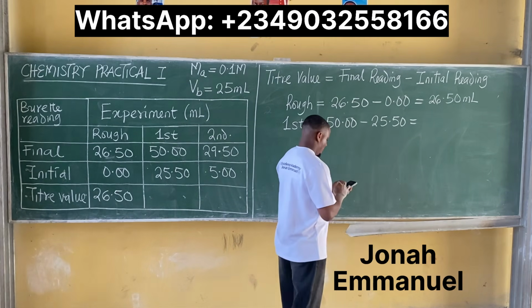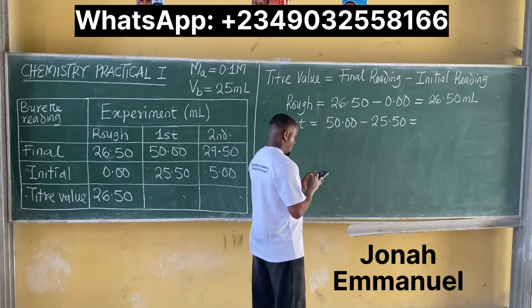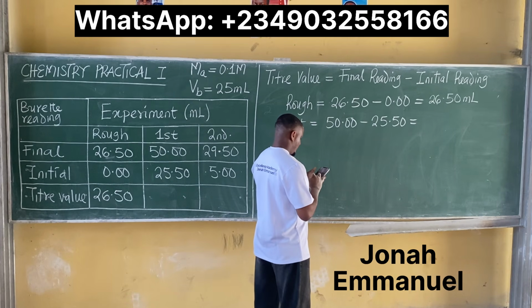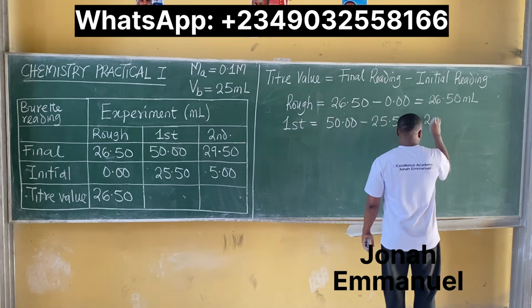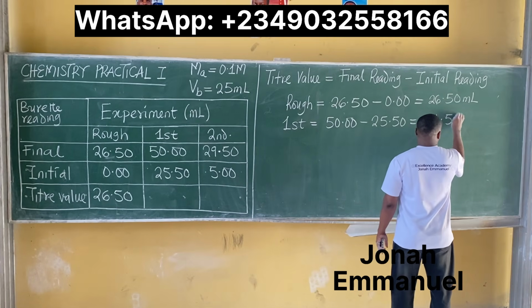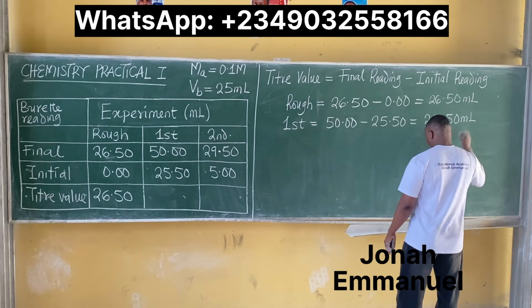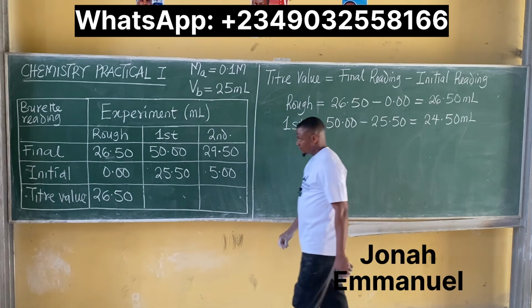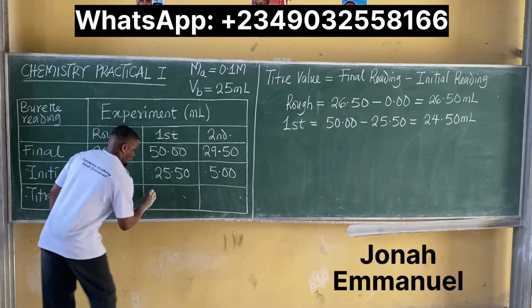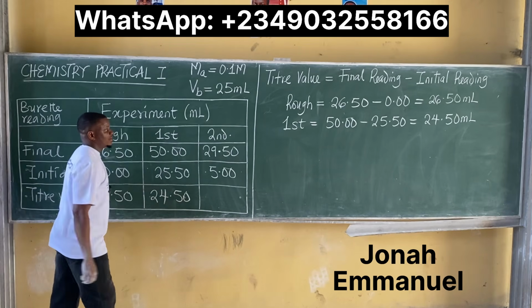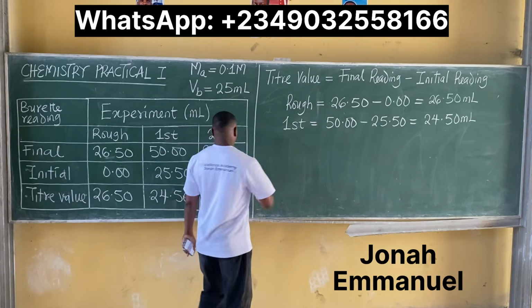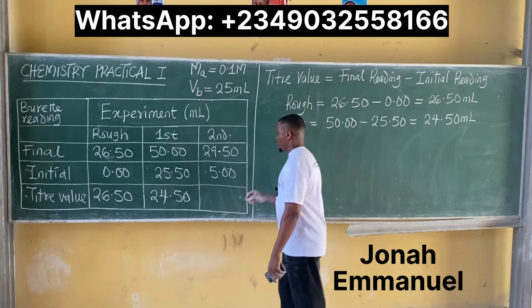So you have 50.00 minus 25.50. That gives you 24.50 in milliliters. I'll write it here. 24.50 in milliliters.